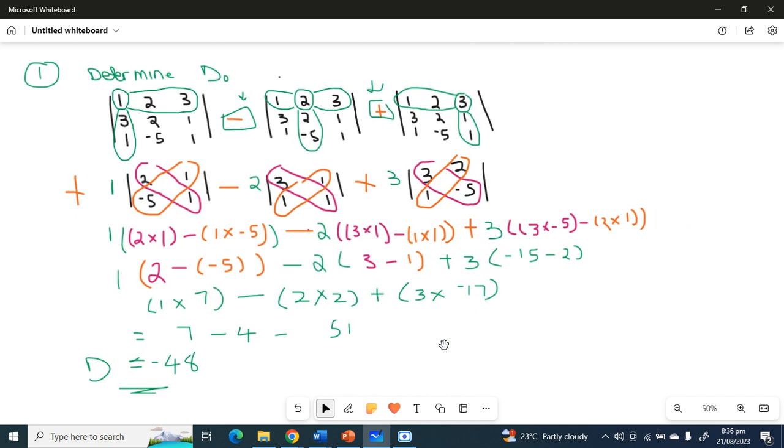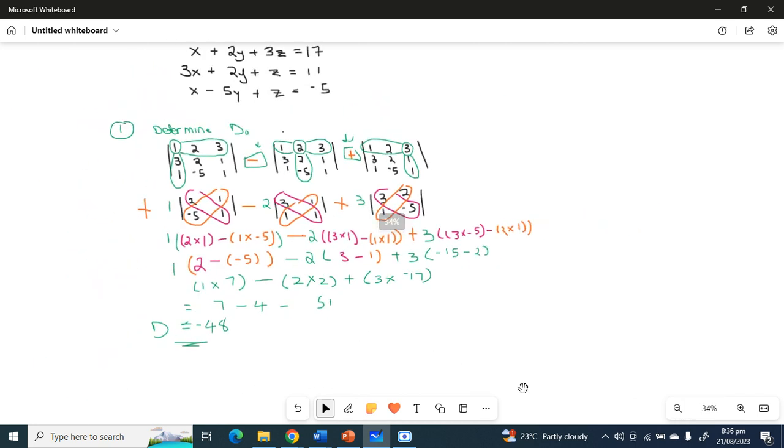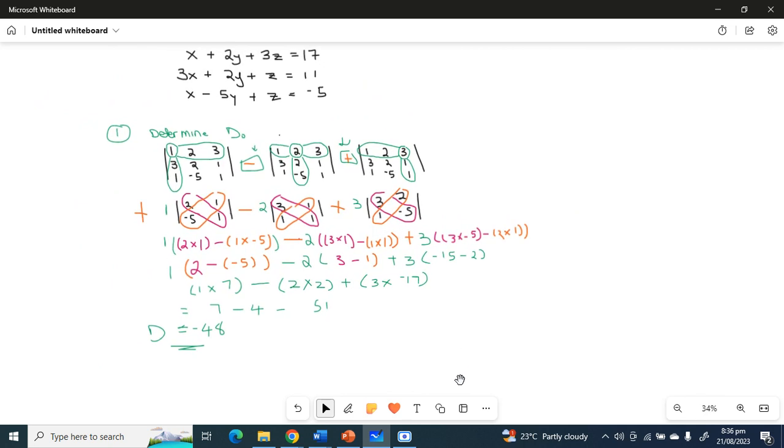Okay, next we need to find the determinant of x, dx. Now, to get the determinant of x, we're going to need this 17, 11, and negative 5. This column, we're going to replace it with our x column here, this 131.